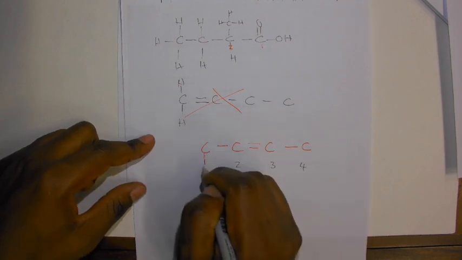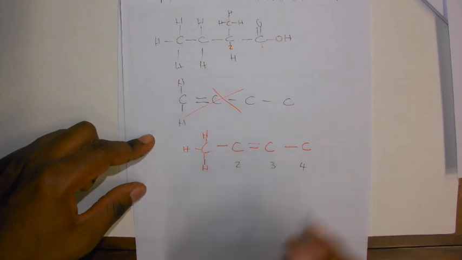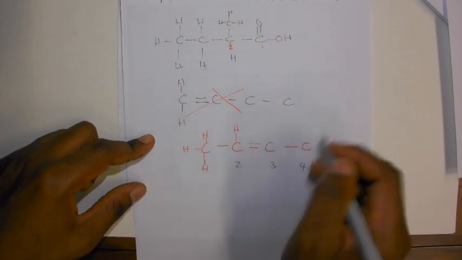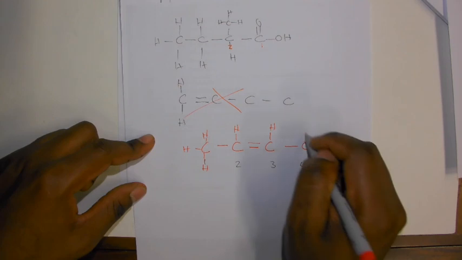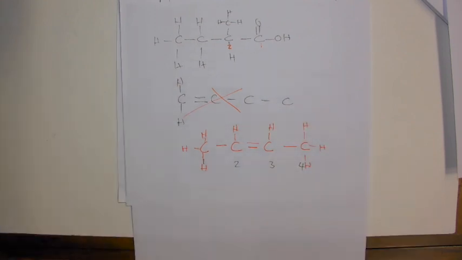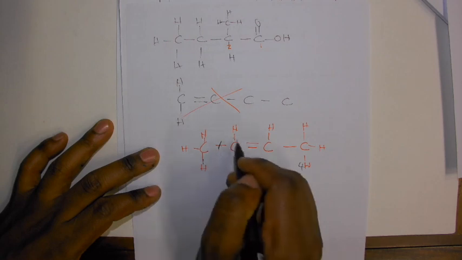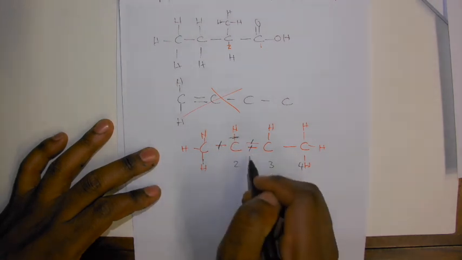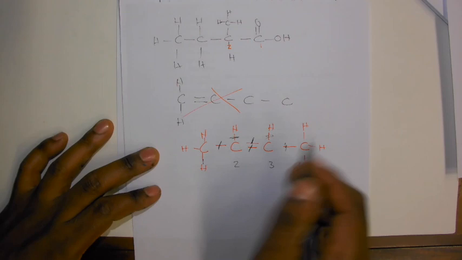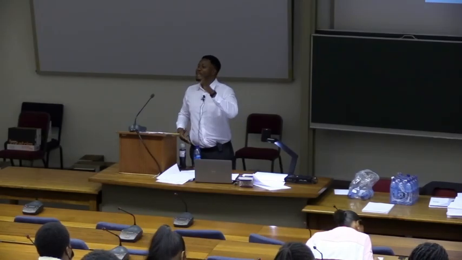And then here we say H, H, H. Is that okay? And then here we introduce only one H. Don't forget, as I was saying, carbon is tetravalent, meaning it has to have 4 bonds. Hence, I'm saying this one is good. 1, 2, 3, 4. Immediately you put an H there, you are extremely wrong. Do you understand that? Because carbon cannot have how many?